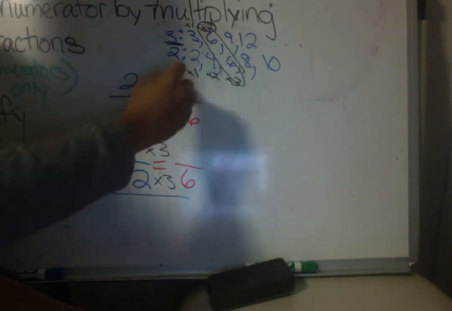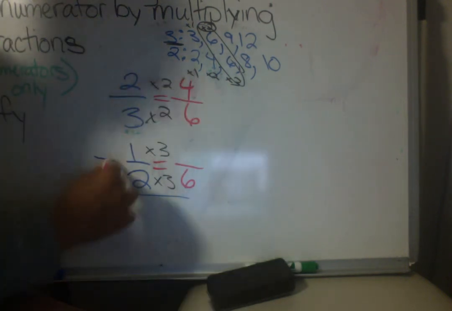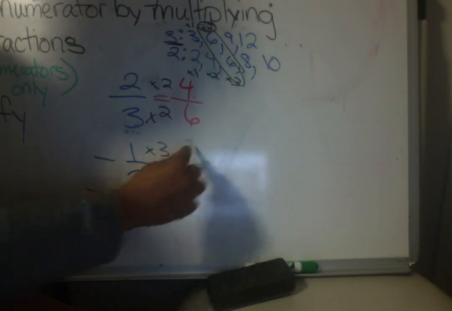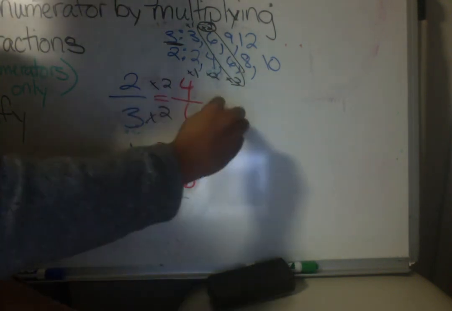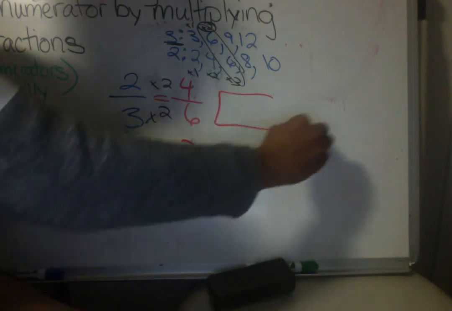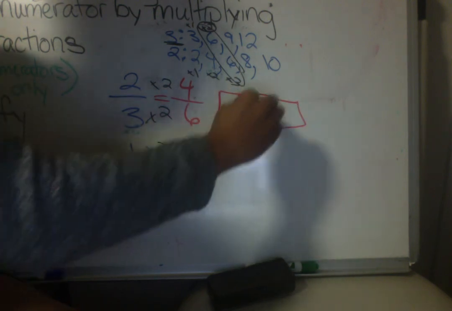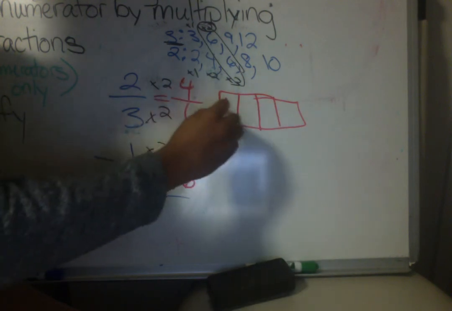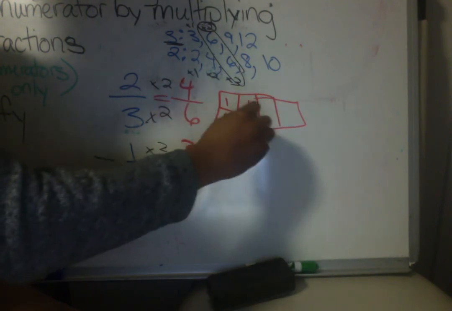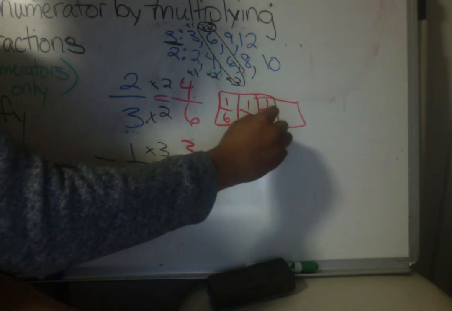New numerator, 2 times 2 is 4. New numerator down here, 1 times 3 is 3. Just like regular subtraction, you take your top one. I'm only going to make 4 pieces of my 6.